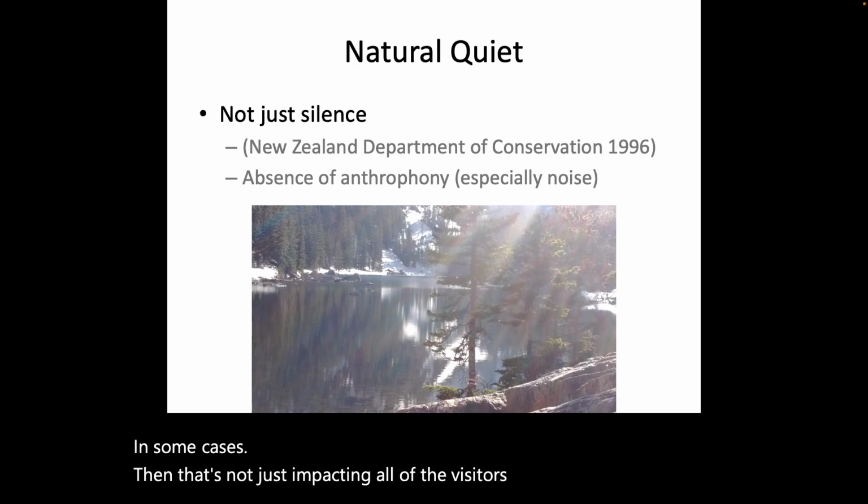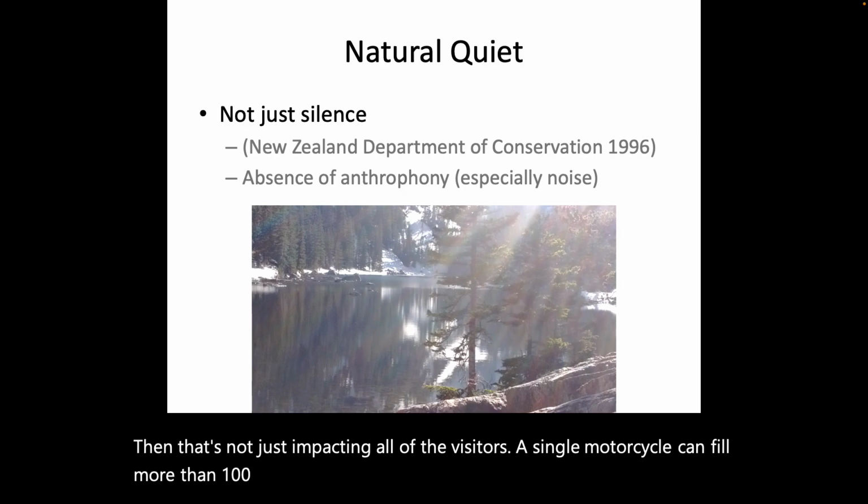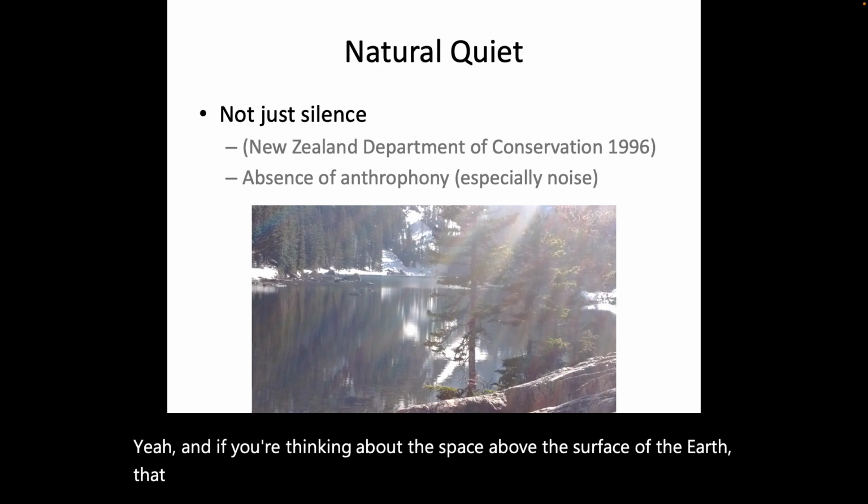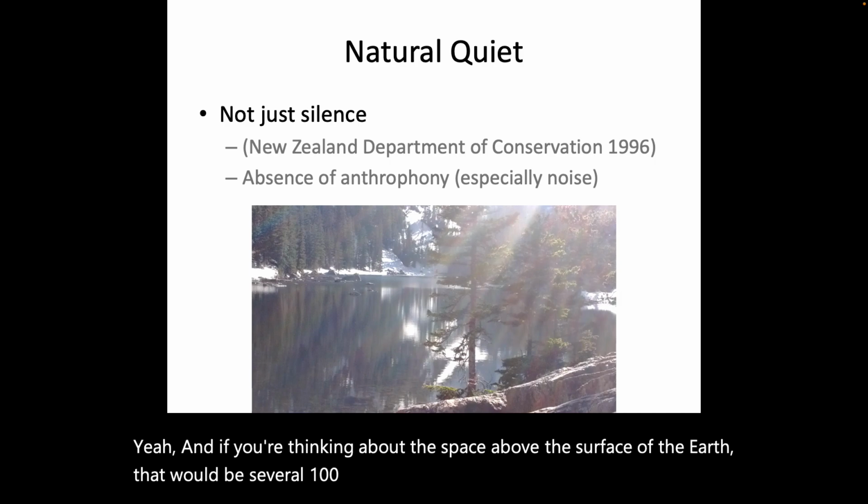A single motorcycle can fill more than 100 square miles acoustically with noise. And if you're thinking about the space above the surface of the Earth, that would be several hundred cubic miles of air volume. You got to deal with that, right?